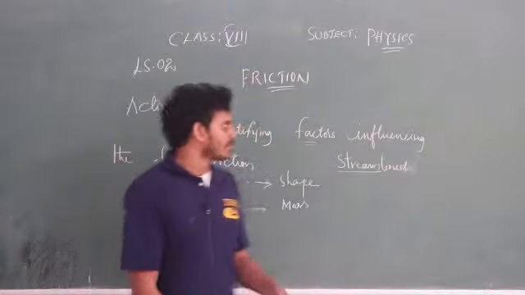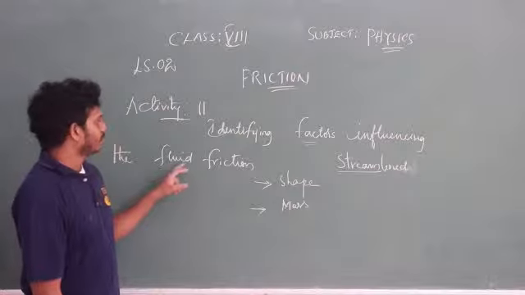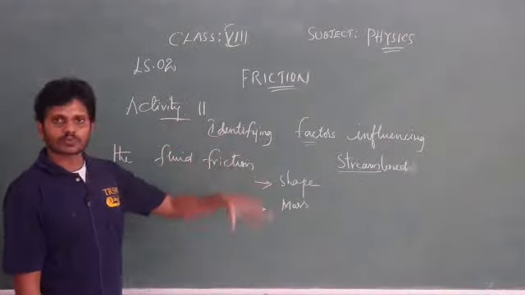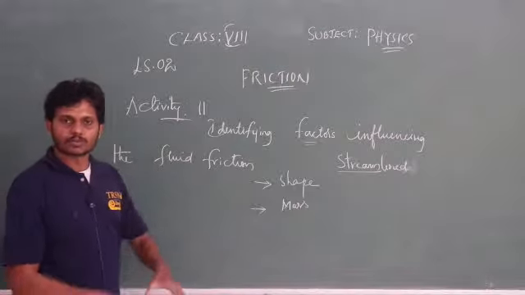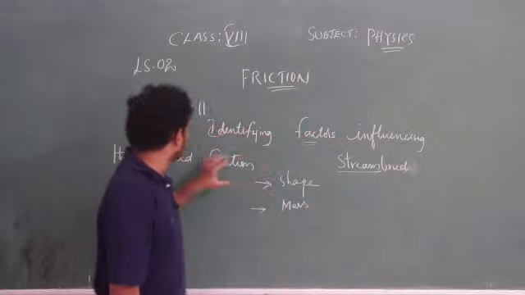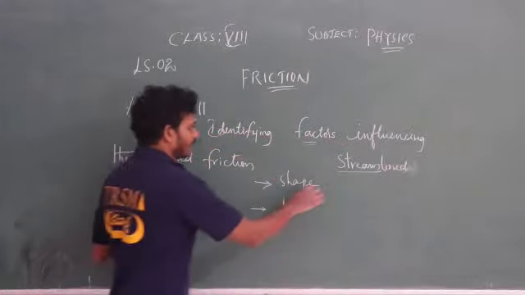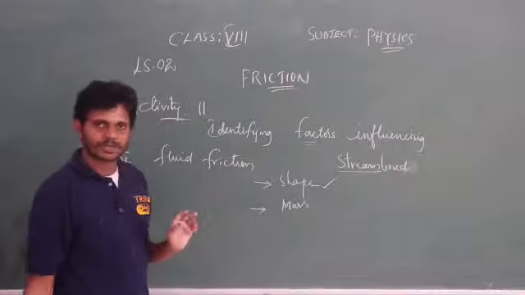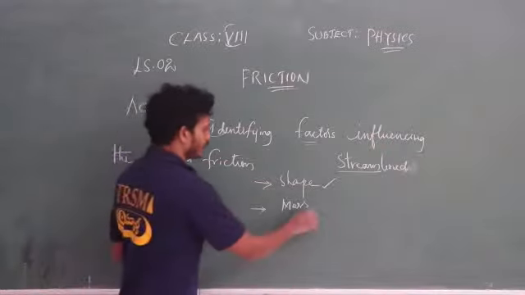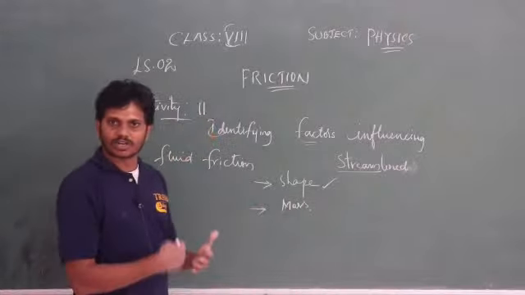So here, fluid friction acts upon different objects which move in fluids. So, identifying factors influencing fluid friction: mainly shape is there. Fluid friction is affected by shape. And also its mass. If mass increases, friction will also be high.